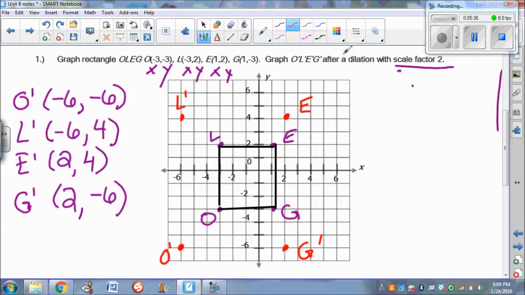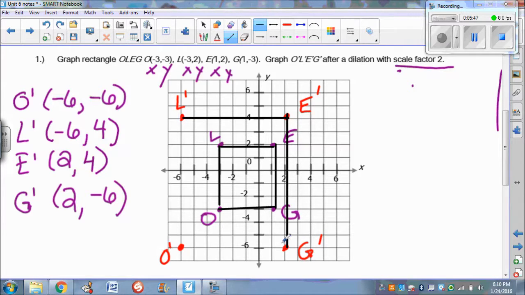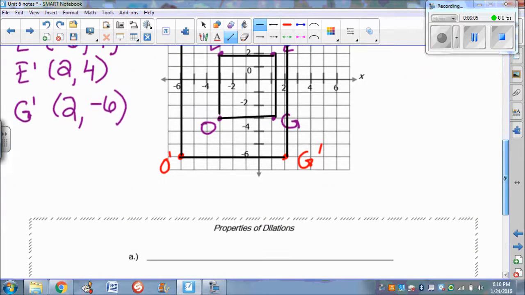I forgot my prime on my E. Now grab your straight edge to make this new rectangle. Did your prediction match what happened? This rectangle got bigger because it was multiplied by 2, so it was doubled in size.